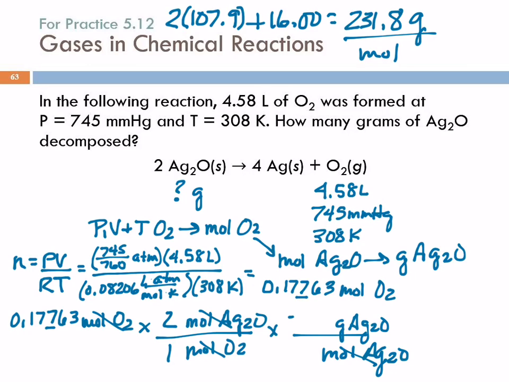So that goes in here, 231.8. So now I've got my moles times 2 times 231.8. Now I can round this to 3 significant figures, and I'm coming up with 82.4 grams of silver 1 oxide. Any questions?